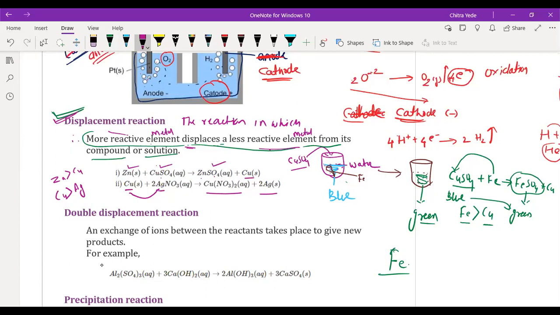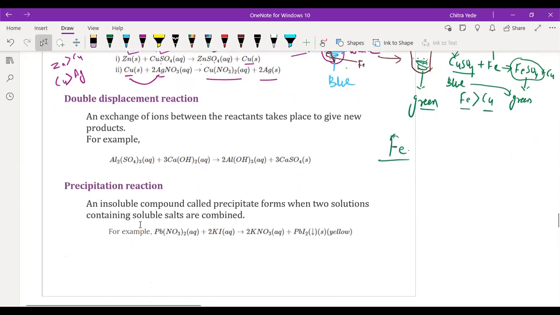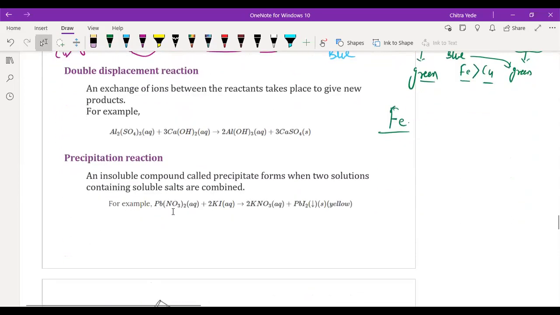So now we will discuss the double displacement reaction. See, what happens here when two different compounds, here we have taken aluminum sulfate and calcium hydroxide. These are two different salts.